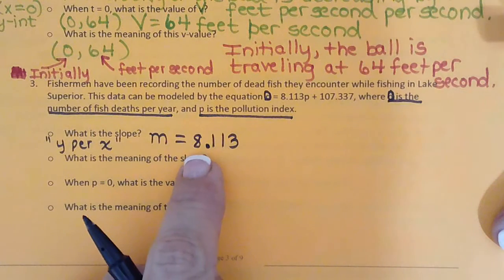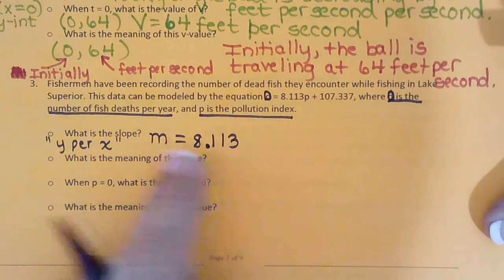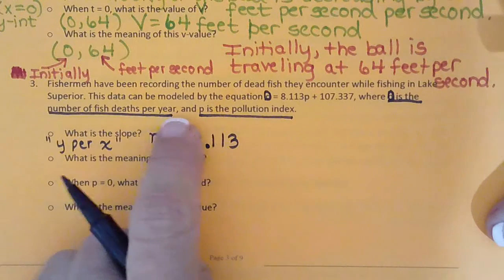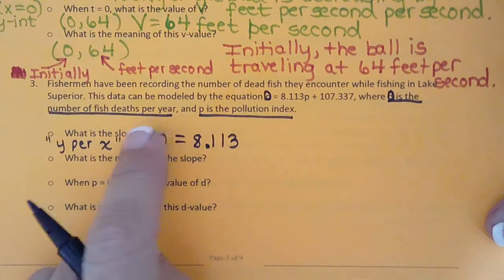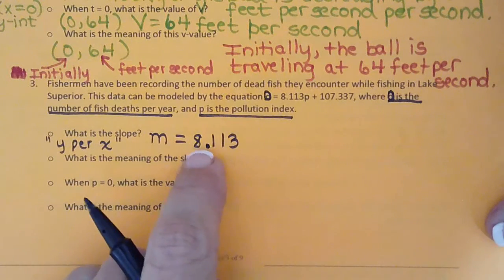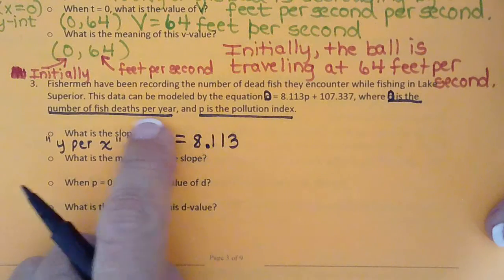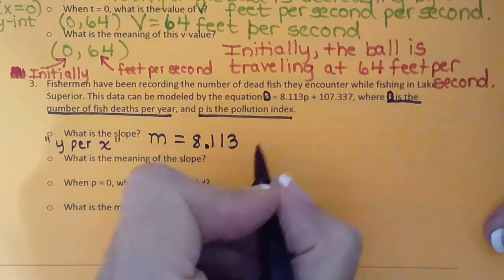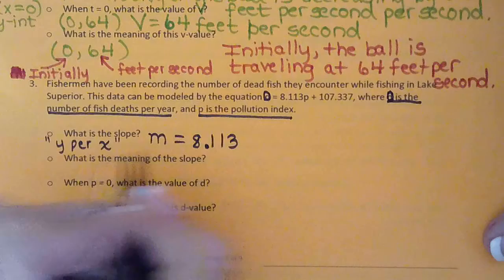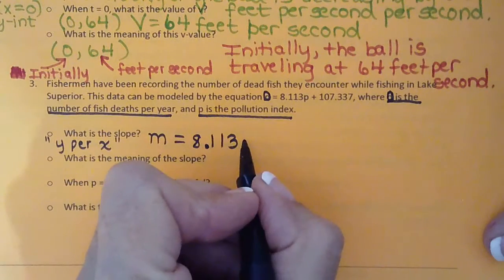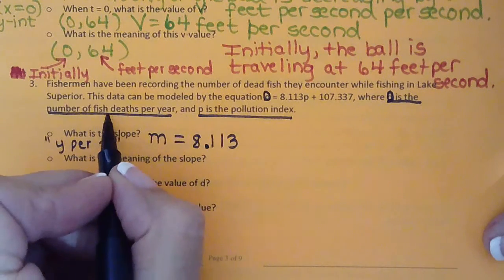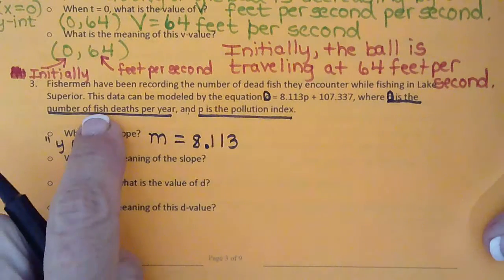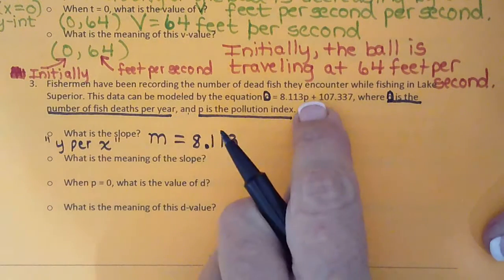So, and it's increasing. So the number of fish deaths, because this is positive, is increasing by 8.113 deaths per year per pollution index. So that's what we would write here. Well, first we got to label it. So it would be fish deaths per year per pollution index, because it's y per x, and x is p.